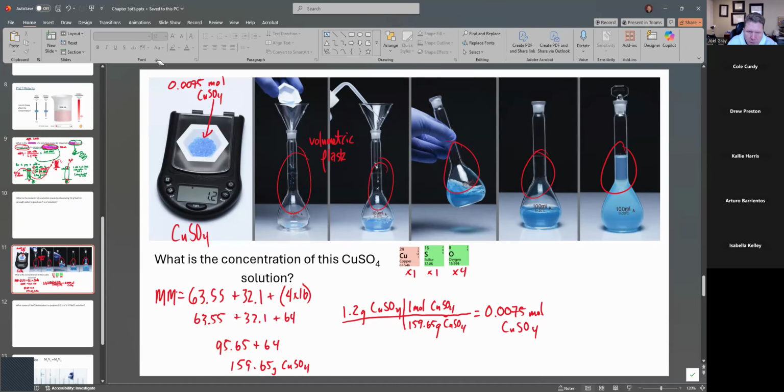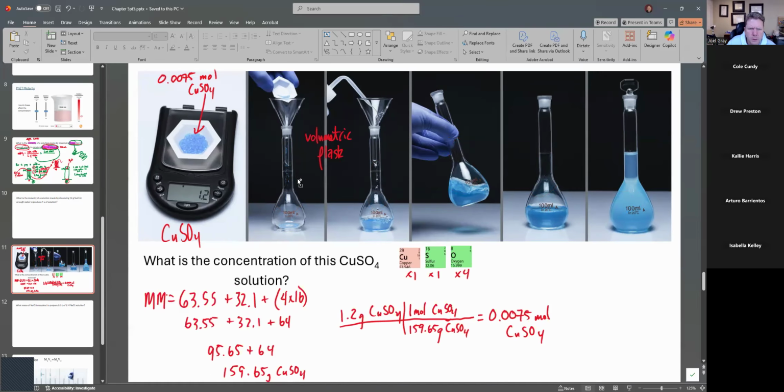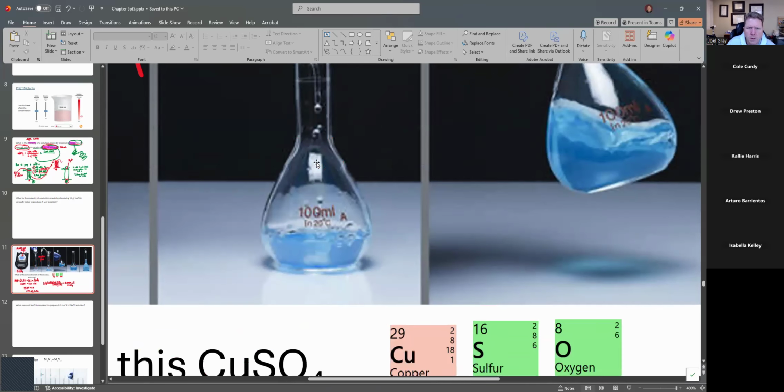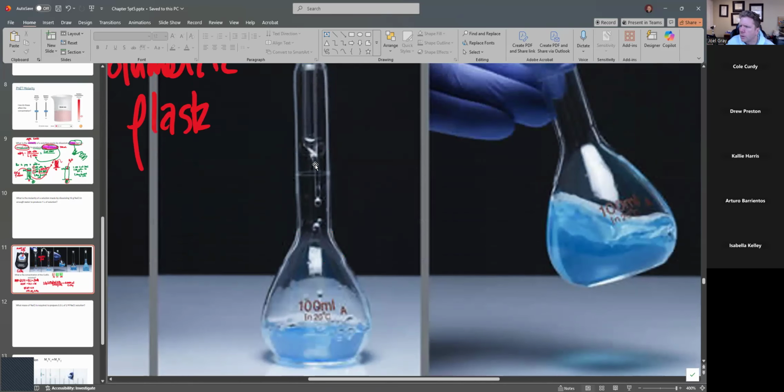Now, what's difficult to see here, and I'm going to erase this, but I'm going to zoom in on one of them. What I want you to see, and this is kind of tricky, but I hope you can see it.